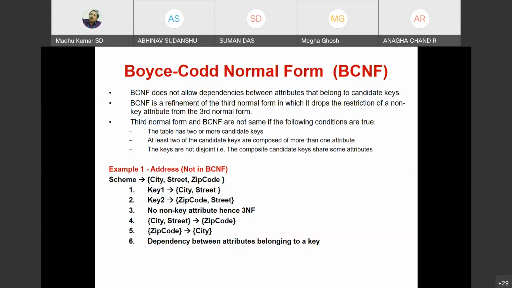It is applicable for all attributes. Even if a particular attribute is part of a candidate key, those attributes should also satisfy the condition of non-transitive and full functional dependency. That is the improvement of BCNF over 3NF.